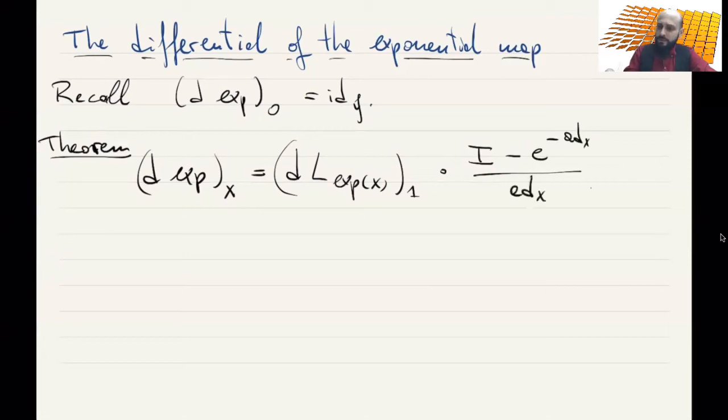Okay, let me clarify the meaning of this writing. So here, for A equal to the adjoint of x, which is an element in gl(g).